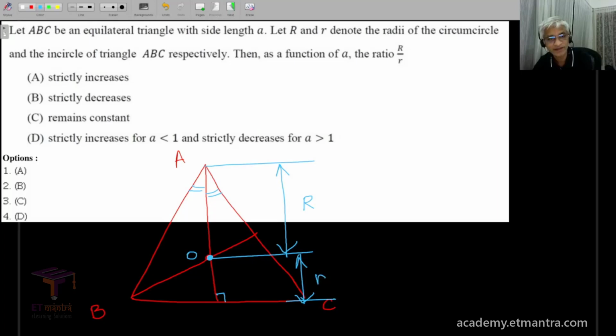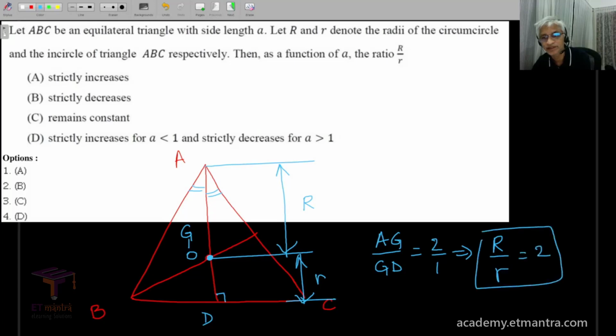And finally, since AD is also the median, and this point O is also the centroid, we have the famous relationship AG by GD is 2 upon 1, and this implies in this particular problem R by r is equal to 2, which is clearly a constant. And this means that this is a very easy problem.